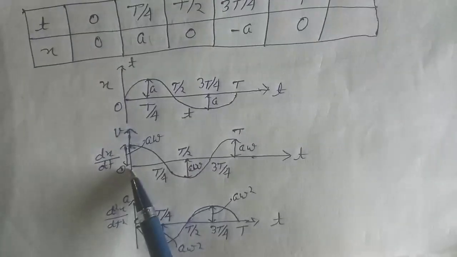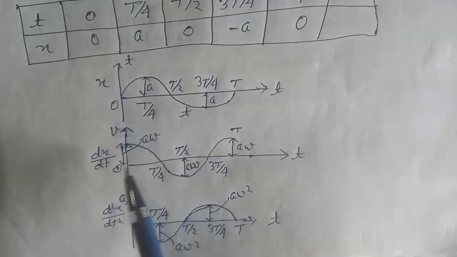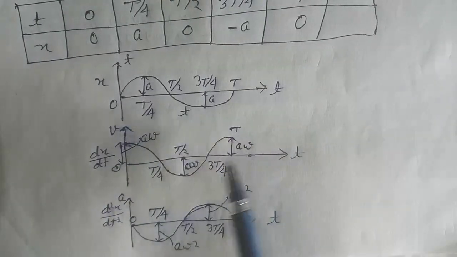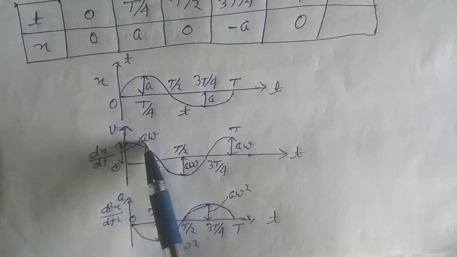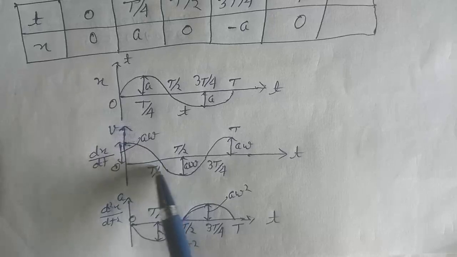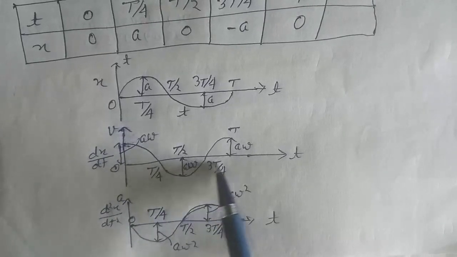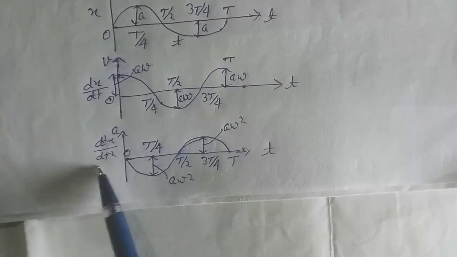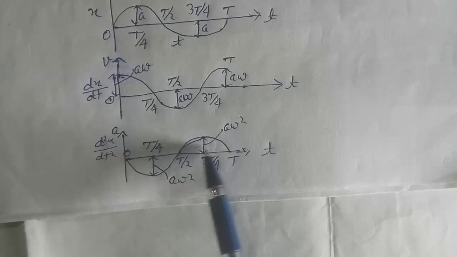Again we draw the graph between velocity and time. We will get the graph like this: at time t = 0 the velocity will be maximum, given by aω, and again at T/4 the velocity will be 0, and so on. Similarly we draw the graph between acceleration and time, and the graph will look like this.